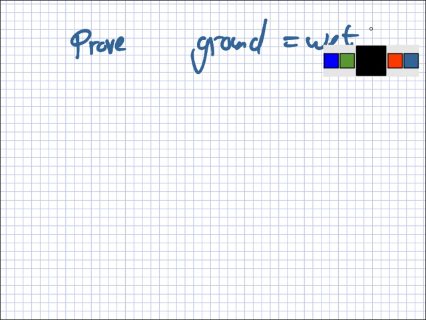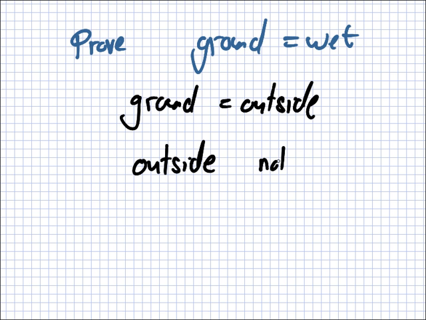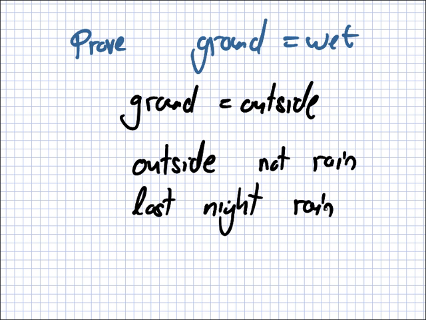So we'll start off by saying something like the ground is outside, and outside it's not raining. But let's say last night it rained, and let's say it takes 24 hours for the ground to dry.